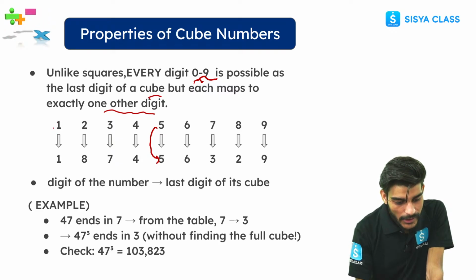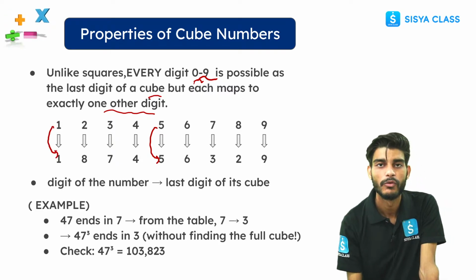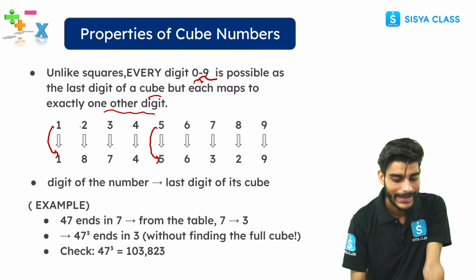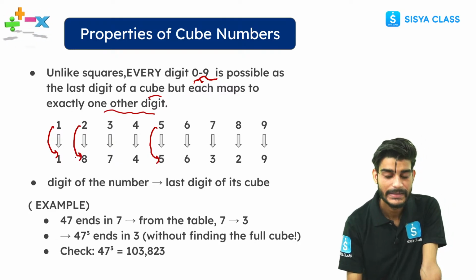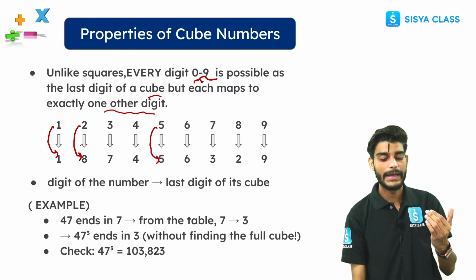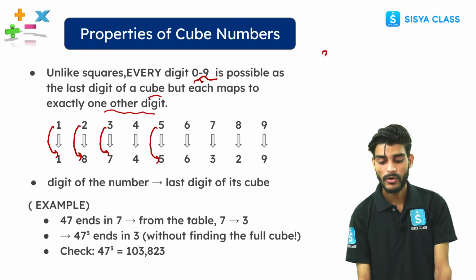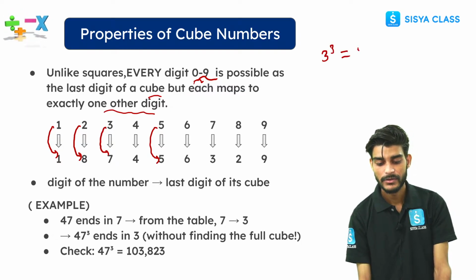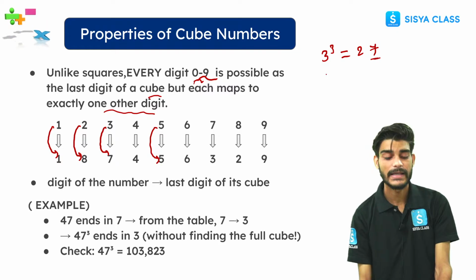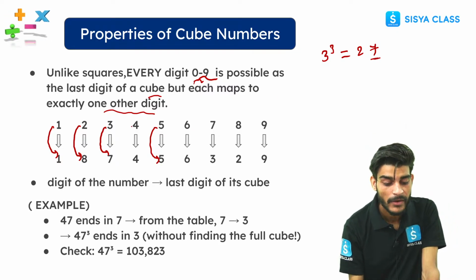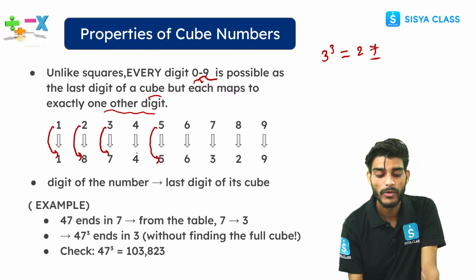So how will you remember this? Suppose for 1, what you will do? Find the cube. 1 is 1 only. For 2, it is 8. What is the cube of 2? 8. For 3, it is 27. Cube of 3 is 27. So what is the last digit? 7. So you have to remember 7 in that way. For 4, what is the cube of 4? 64, right?